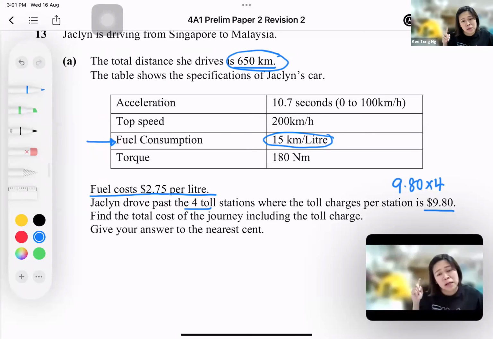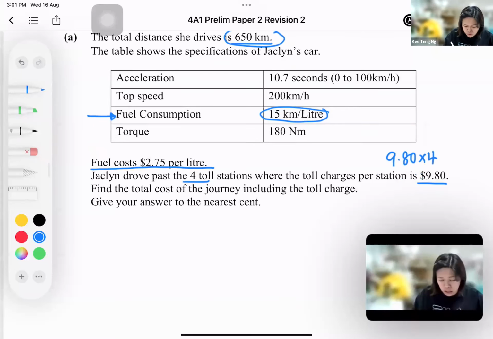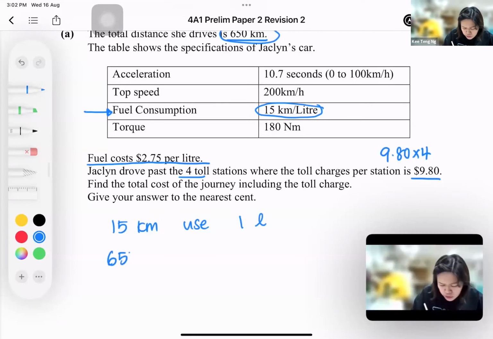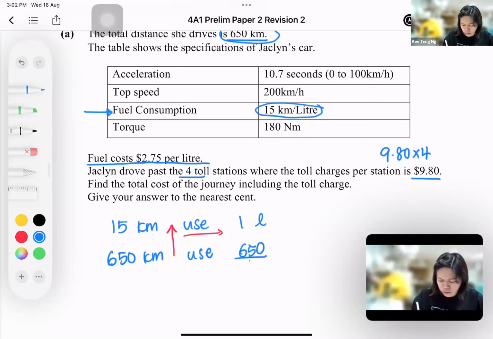So 15 kilometer use 1 liter. I want to find 650 kilometer. How many will I use? I take 650 divide by 15 times 1. So 650 divide by 15.